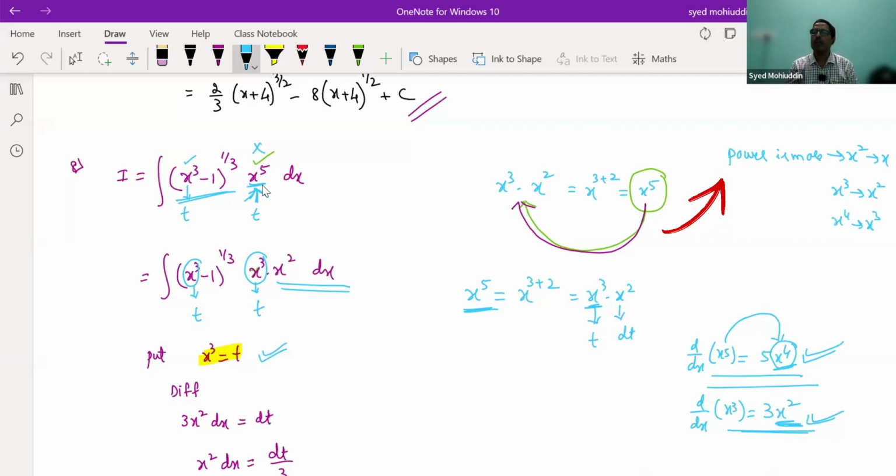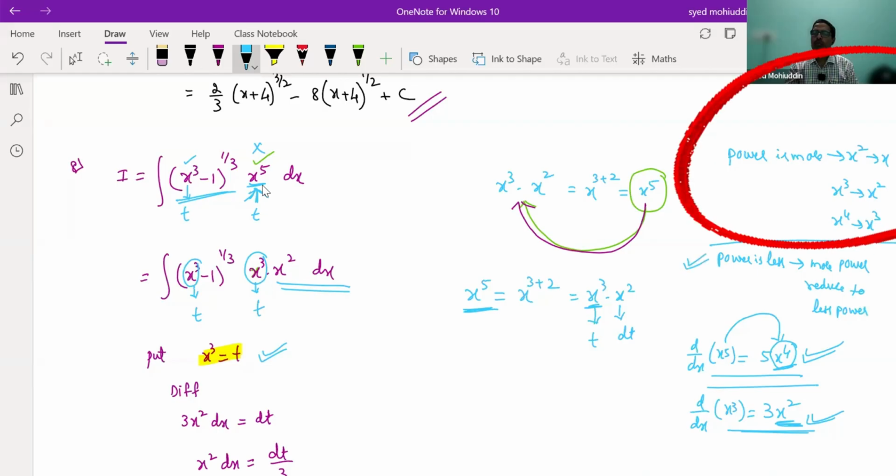But if the power is less, in that case, the lesser power value you take as t, and the more power is reduced to the less power. That is what I have done. I adopted this method because the other was not possible in this problem. So these are the two possibilities that you remember.